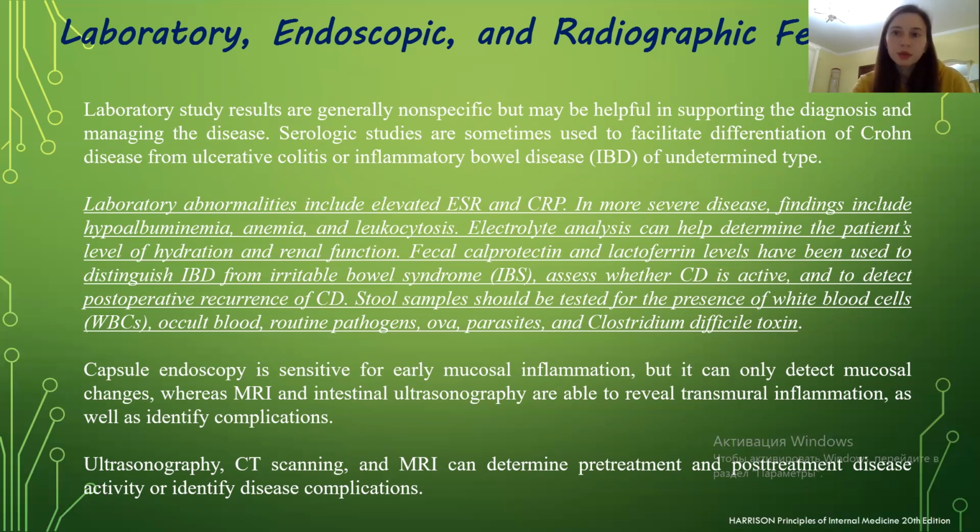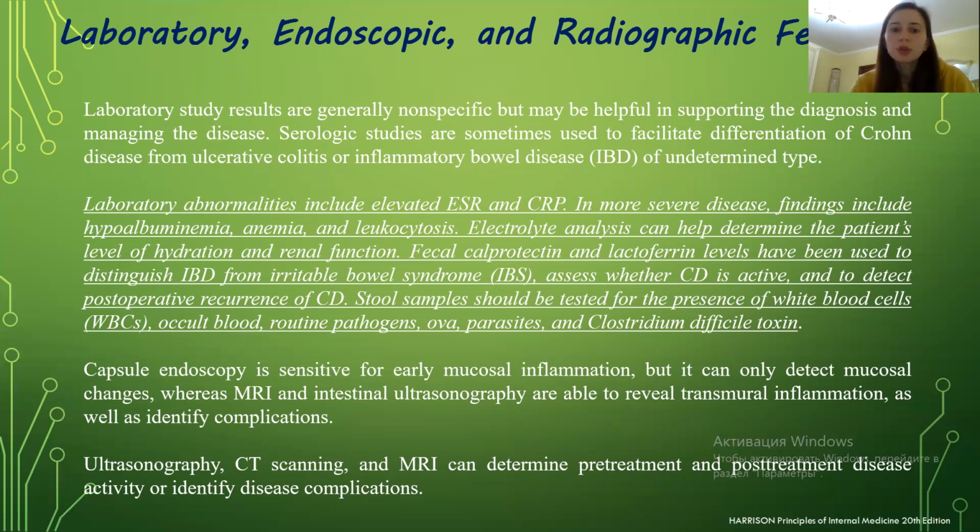Capsule endoscopy is sensitive for early mucosal inflammation, but it can only detect mucosal change, whereas MRI and intestinal ultrasonography are able to reveal transmural inflammation as well as identify complications.